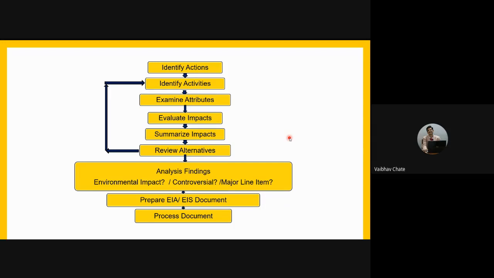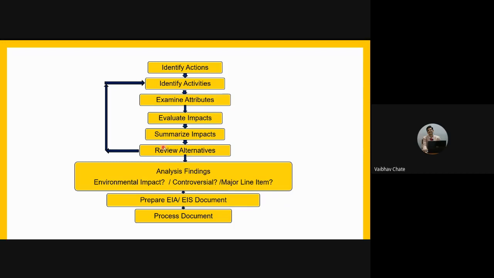These are a few examples which give insights about the positive impacts of some activities. Positive impacts will be marked with a plus sign, negative impacts with an X sign.